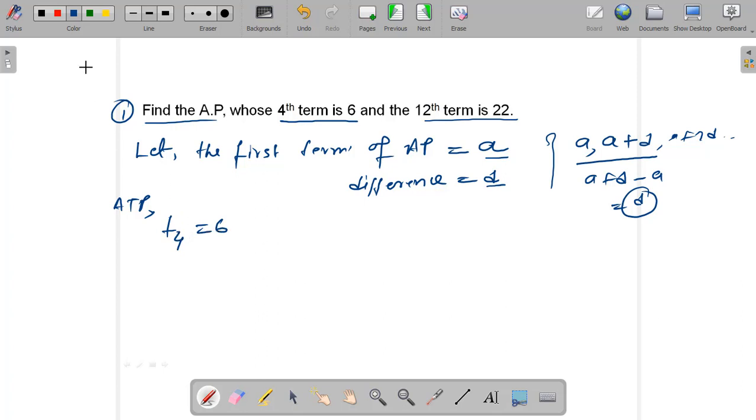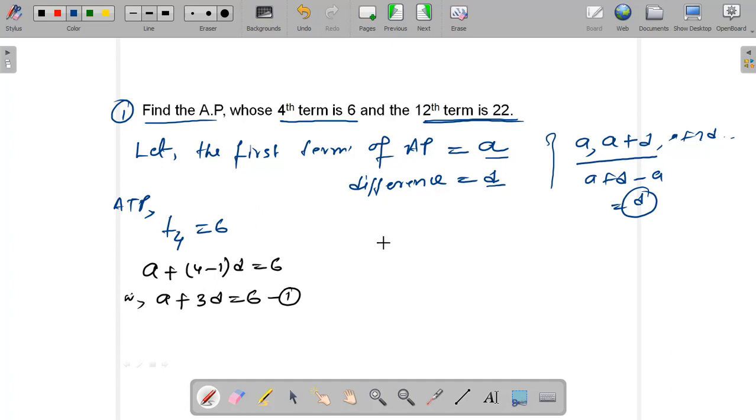So what can we write here? a plus 4 minus 1 into d is equal to 6, right? Or a plus 3d equal to 6. This is our first equation. Again, the 12th term of the AP is 22.